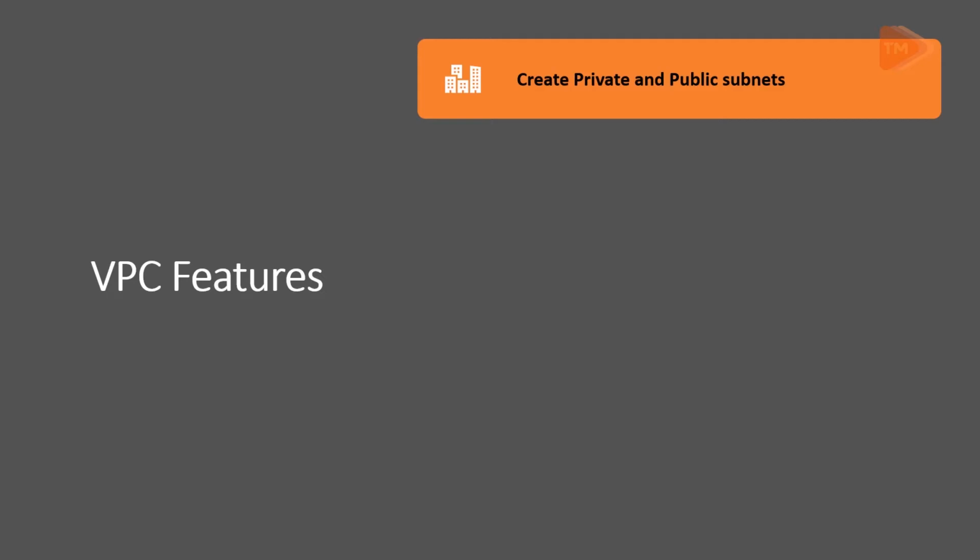A public subnet means you can have access to the internet, whereas a private subnet will not have access to the internet, so it is not accessible from outside. Any of the instances within the AWS environment, you can connect to it. We had talked about a Bastion or jump server. That was used for connecting to the private subnet instances. So that is the difference between a private and a public subnet.